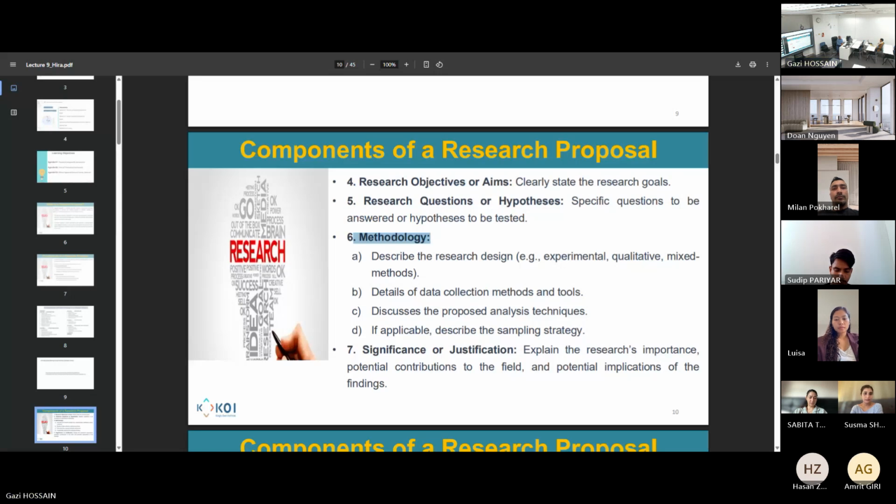Now, if it is qualitative data, then there is a specific way to collect qualitative primary data. If it is quantitative data, then we can't use qualitative tools to collect the quantitative data. So qualitative tools will be applied to collect qualitative data, and quantitative tools will be applied to collect quantitative data.